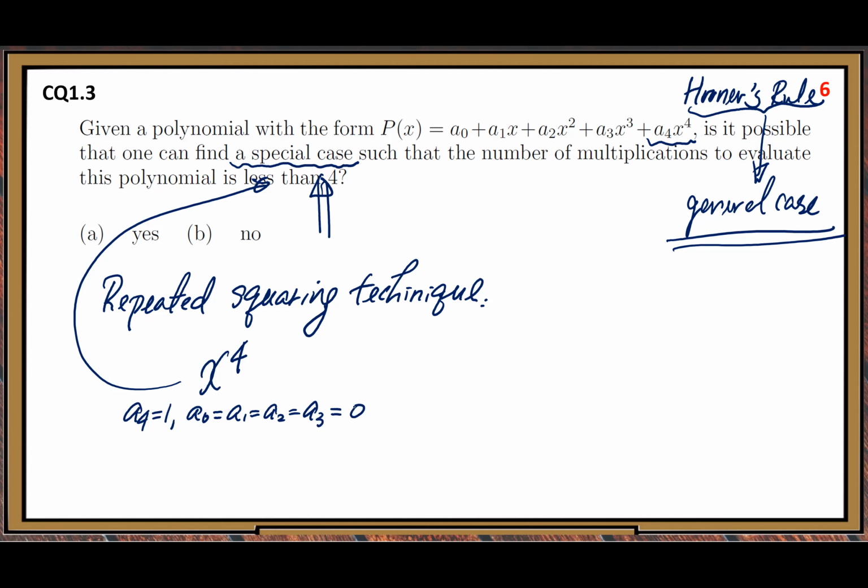But when we do repeated squaring, we only need to do two multiplications. The first one is x times x. The second is x squared times x squared, giving x to the 4th. How about that?